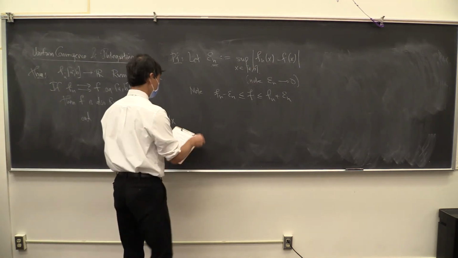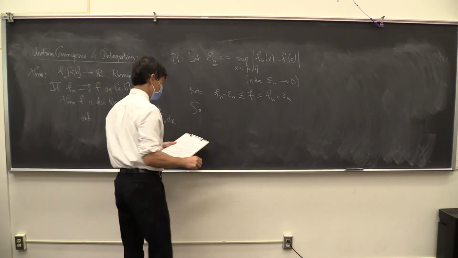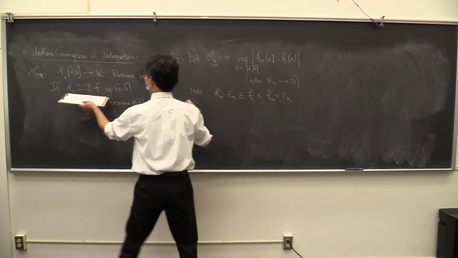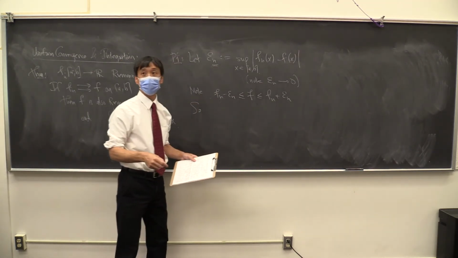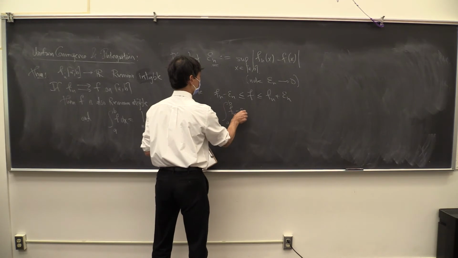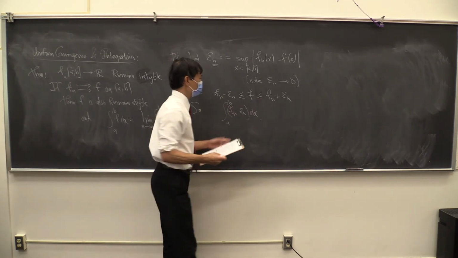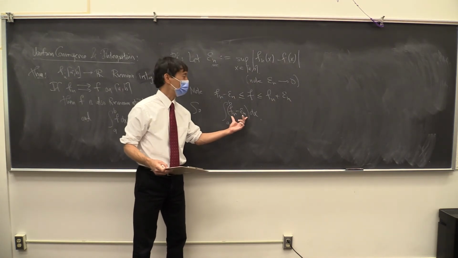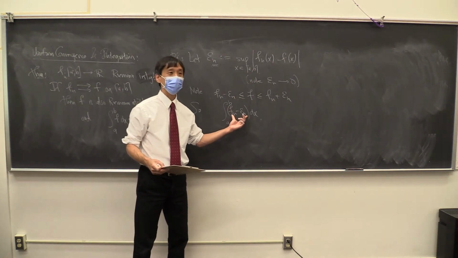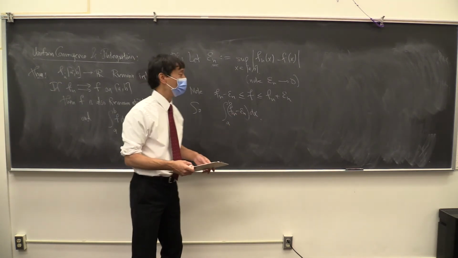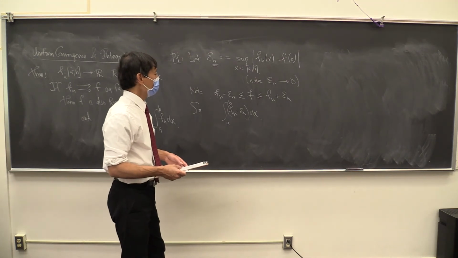Okay, so here we go. Each of the f sub n is Riemann integrable, right? Certainly a constant is Riemann integrable. So we can talk about the Riemann integral of this difference here. A difference of Riemann integrable functions is still Riemann integrable.